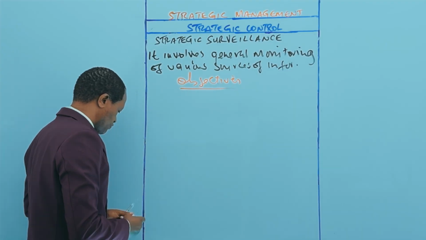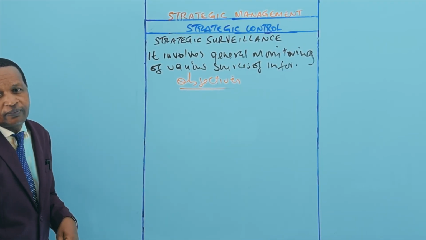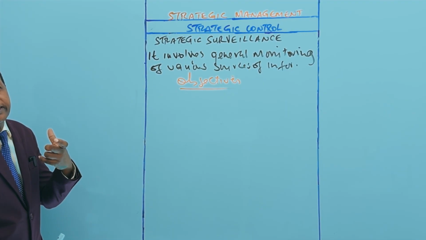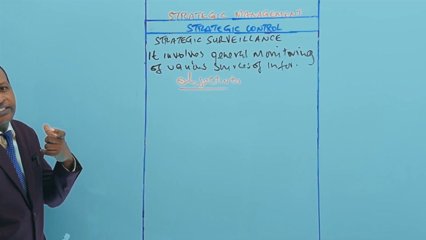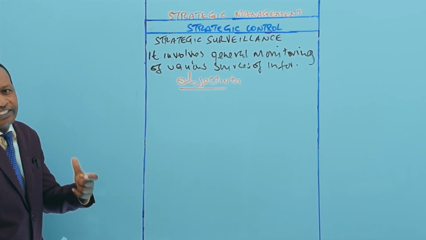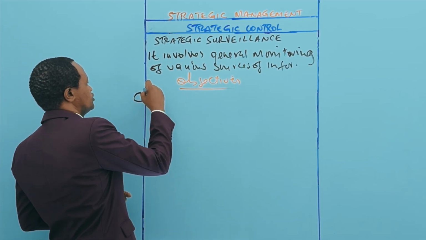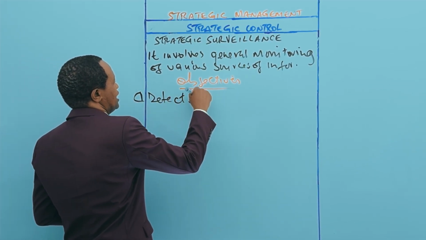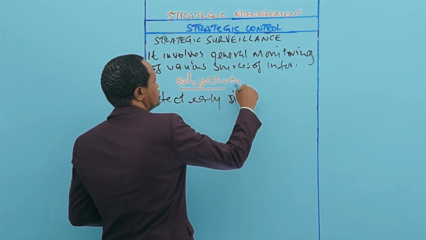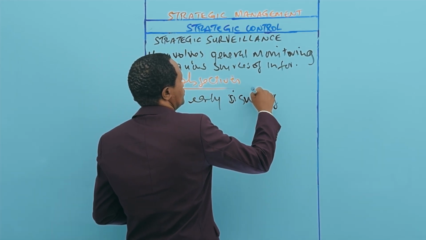So the objectives of strategic surveillance. One is to detect early signals of change.